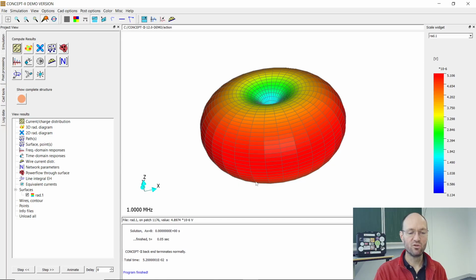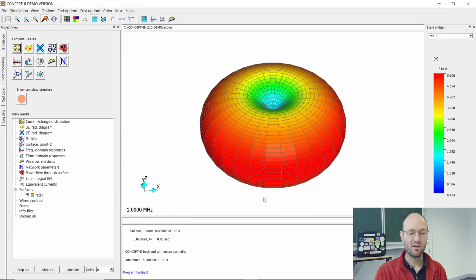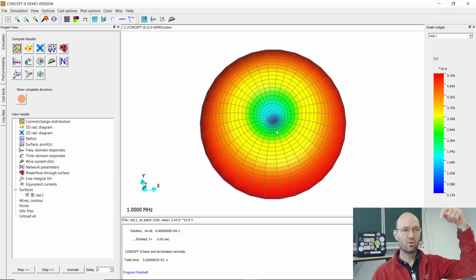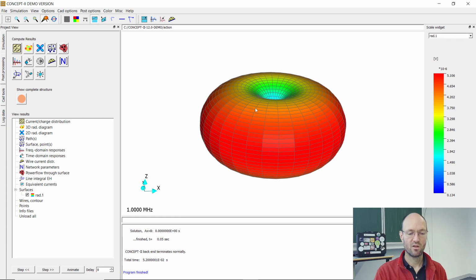However you rotate this dipole, from whichever side you look onto it, if you would measure, let's say, 6 directions, 4 from the side, 1 from the top, 1 from the bottom, you would always find the maximum direction. No problem to do so.